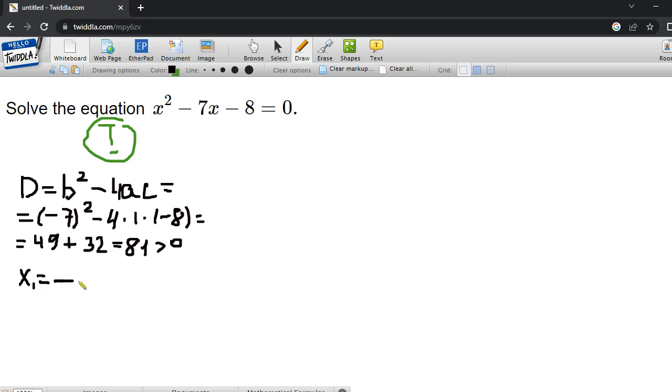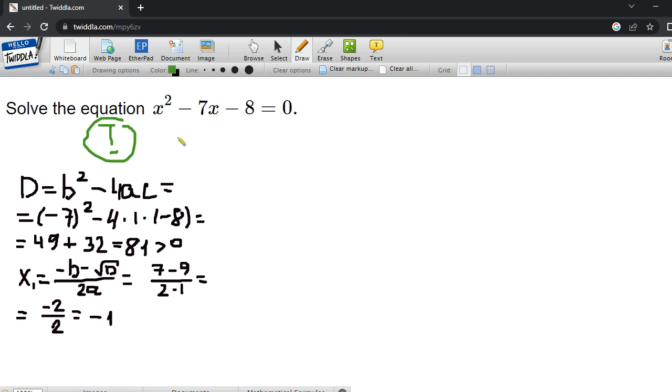x1 equals minus b minus square root of D over 2a equals 7 minus 9 over 2 times 1 equals negative 2 over 2, and it equals negative 1.